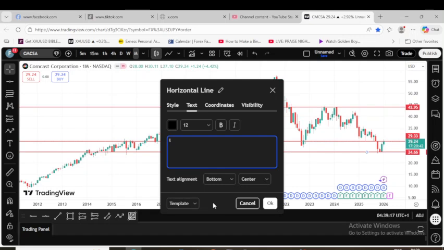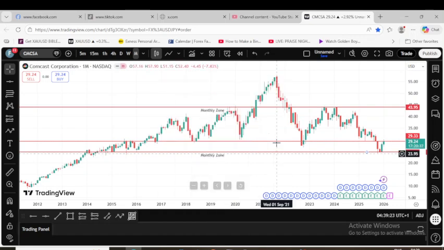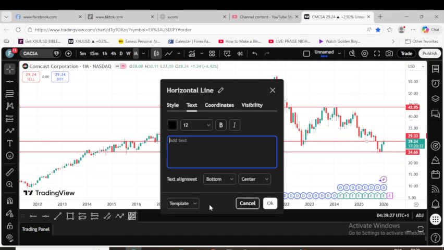Then we'll go down to the weekly time frame to identify our zones and our trend lines, and then down to the daily time frame as well to also identify our zones and our trend lines. So we can draw a trend line from here.